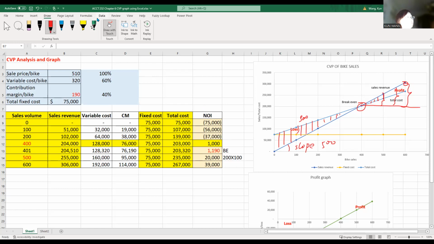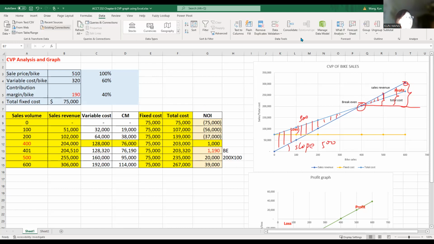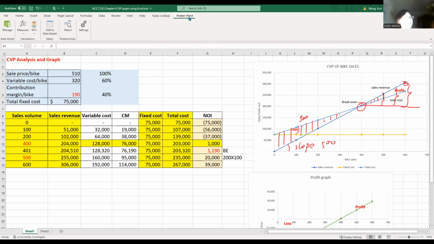With the data tab and even Power Pivot, you can do lots of things. You can use it as database management to analyze data and create visualizations. I will definitely think about incorporating some of these in our next group case, if you are all interested.